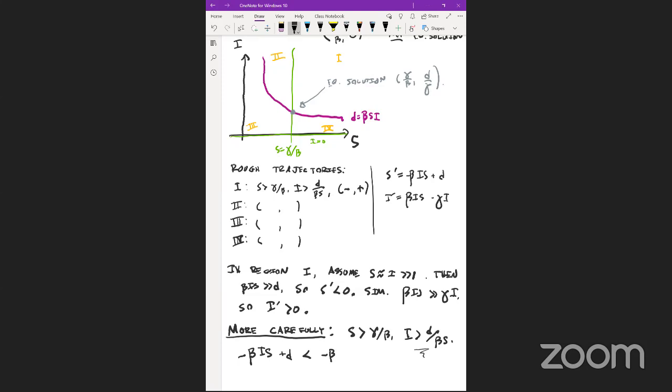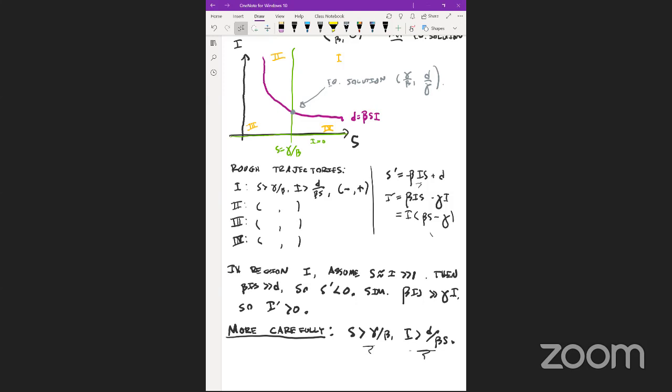Sorry. Basically, the careful working out is just forcing this quantity to be large, whereas this, I times beta S minus gamma, forces this quantity to be large. And so you can see it directly from the equations.